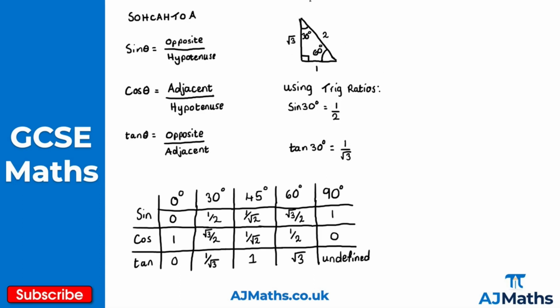But because this triangle also has 60 degrees, we can derive the values for 60 degrees here. So for example, let's say we've got sine of 60 degrees. Now we're working with this angle here. So this length here, this root 3, would now be the opposite.